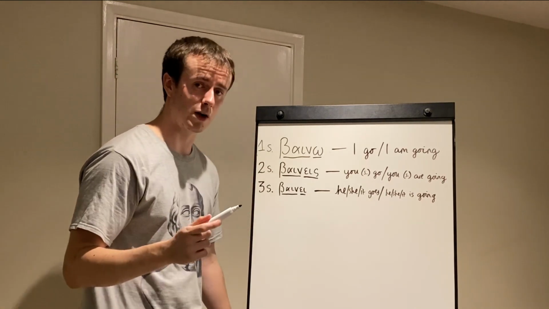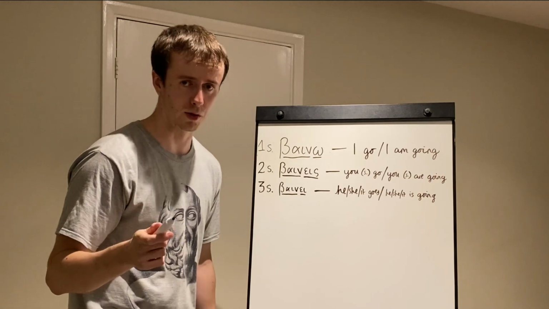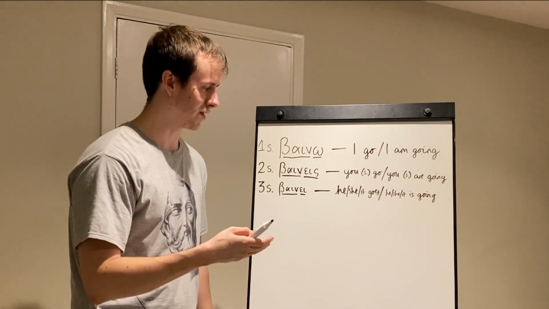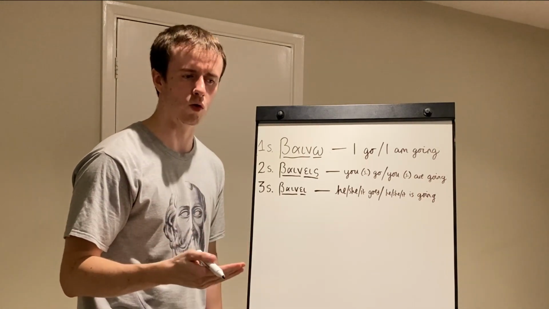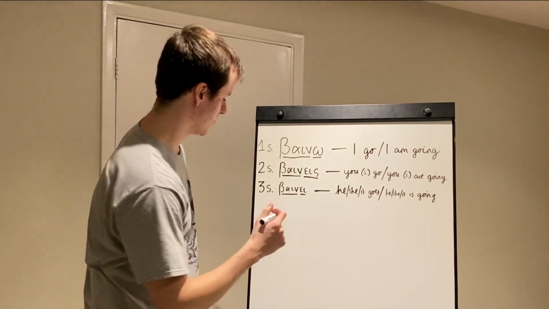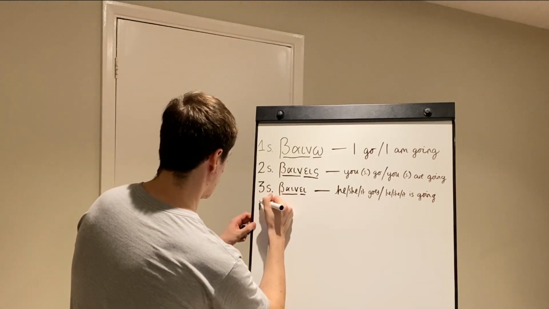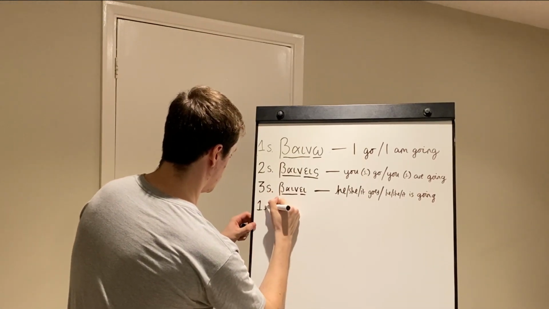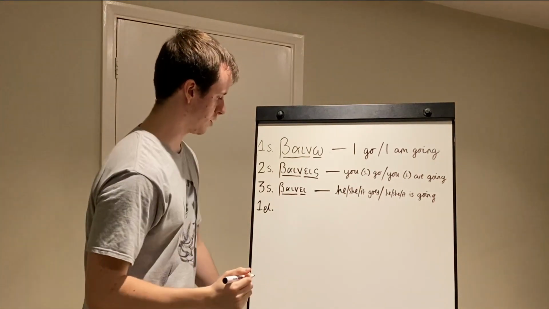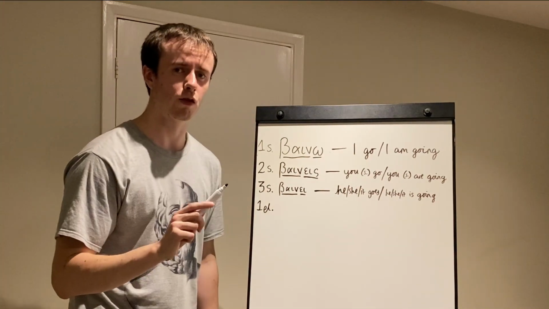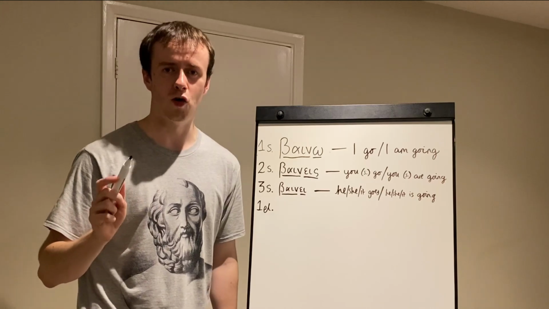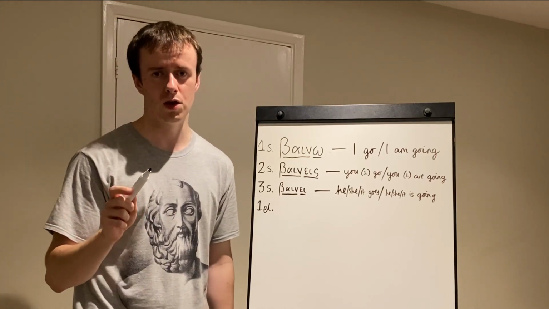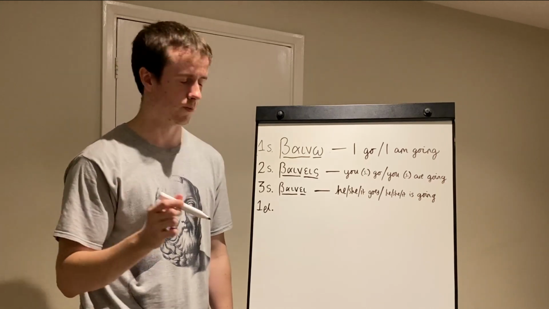But next we need to know how to form the first person plural, meaning, in this case, we go, or we are going. We can write that as 1PL for first person plural, and the ending used for the first person plural is omen, spelled omicron, mu, epsilon, nu.